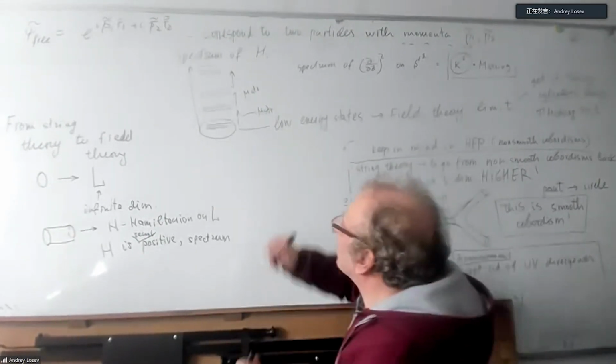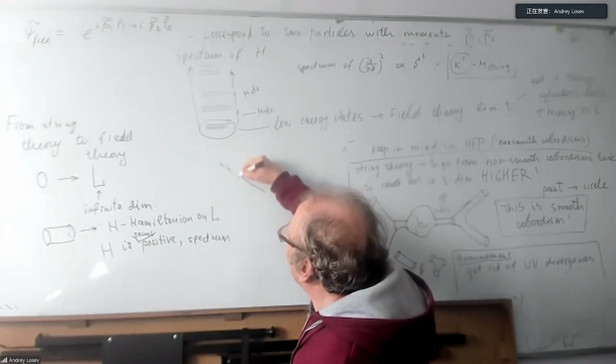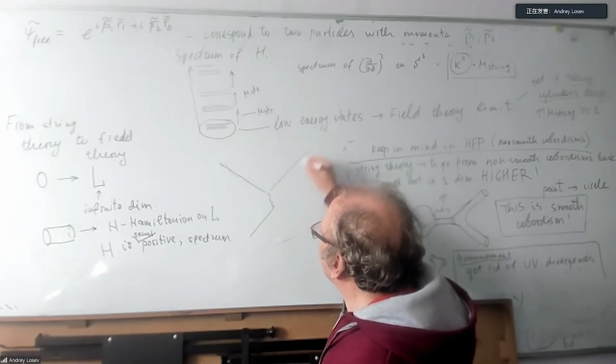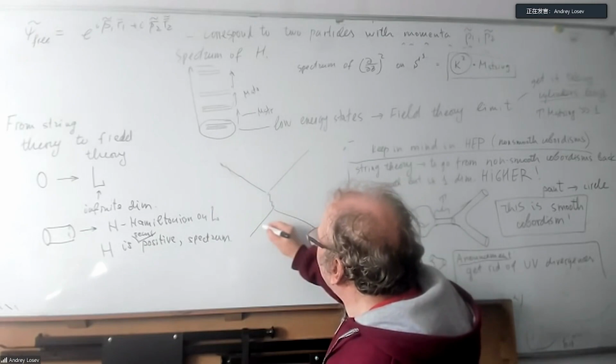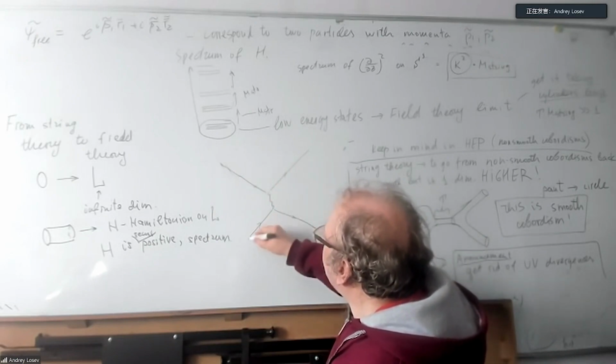So for Feynman, it was like this. It's a particle going from far away along a straight line, interacting, and then going far away again. So these were particles.